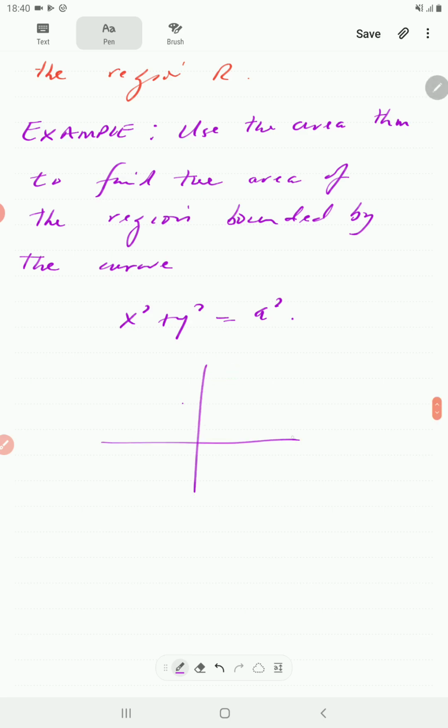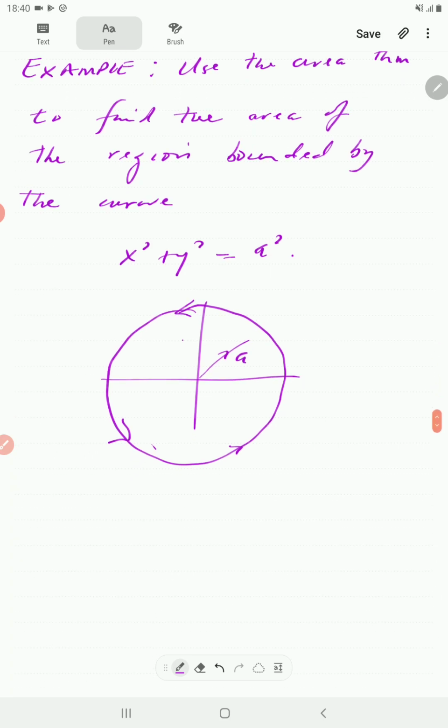So of course we know that this is going to be a circle centered at the origin, radius a. So we're going to use the area theorem.